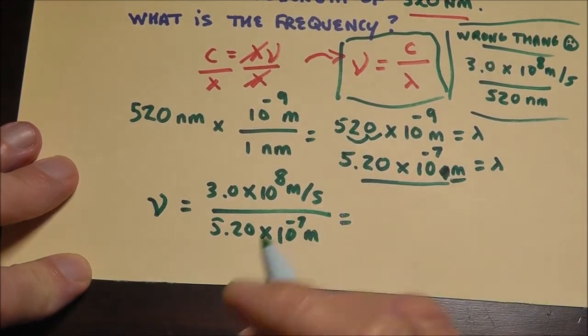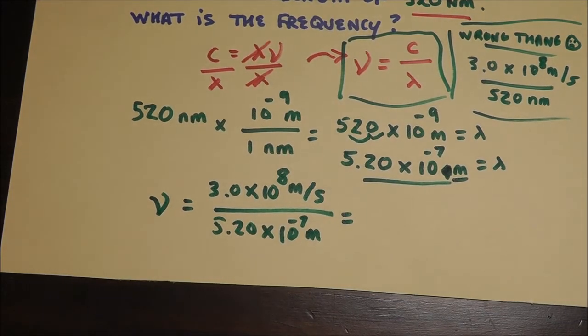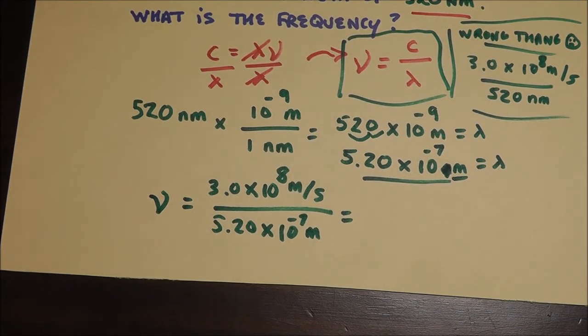Meters. Now let's stop and pause here. 10 to the 8th is 100 million. 10 to the 9 is a billion. So we got 300 million divided by a tiny number. We're going to get a big old number, folks.